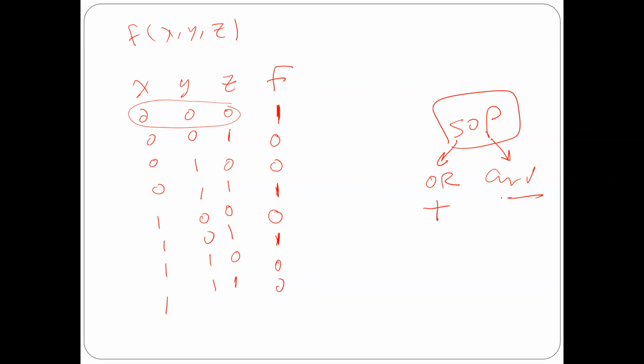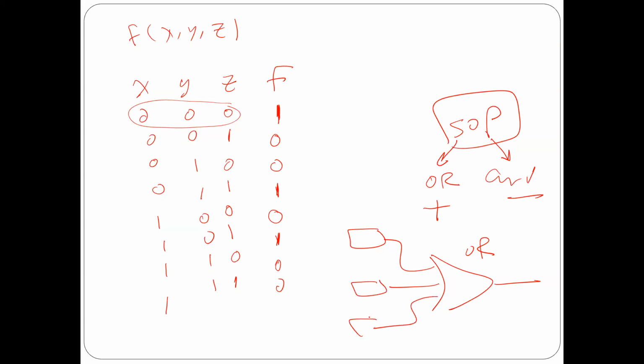And this is how it actually looks like. Number one, we have or. We have or this way. And then we have here one term, another term, this way. And every term here, this is sum of product, okay? Every term here can be one variable or multiple variables, but these variables are multiplied together, so and.